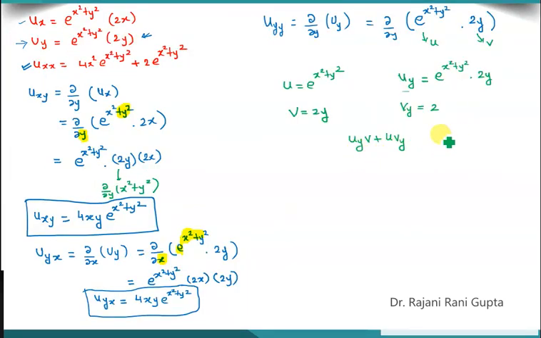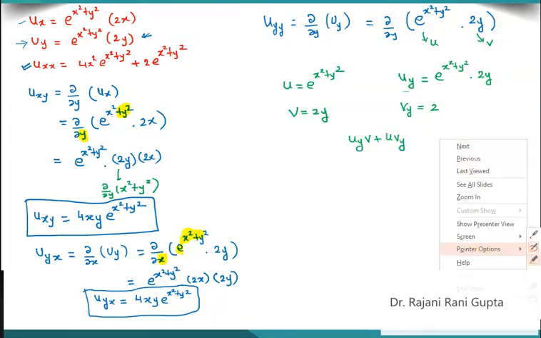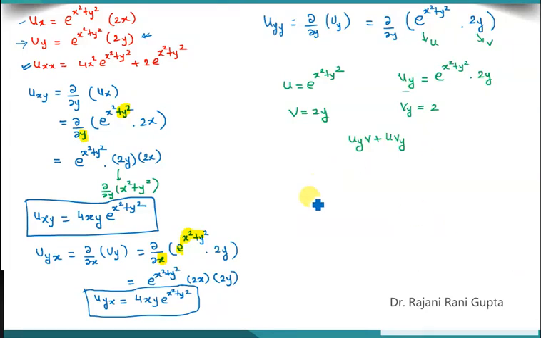So let's write it down. So this will give you uyy as uy, which is this term, e power x square plus y square times 2y, times v, which is 2y, plus u, which is e power x square plus y square, times vy, which is 2.